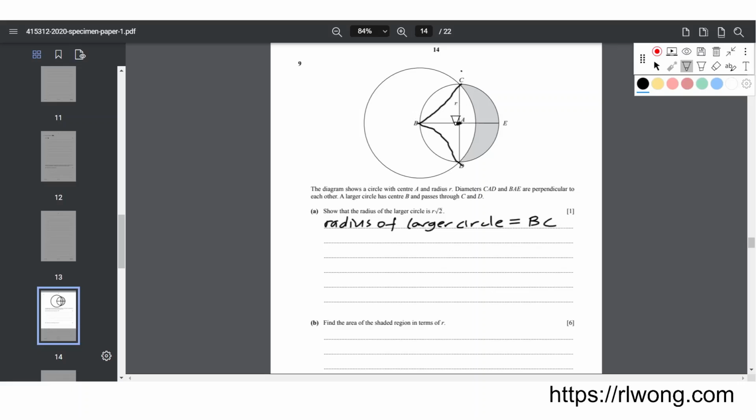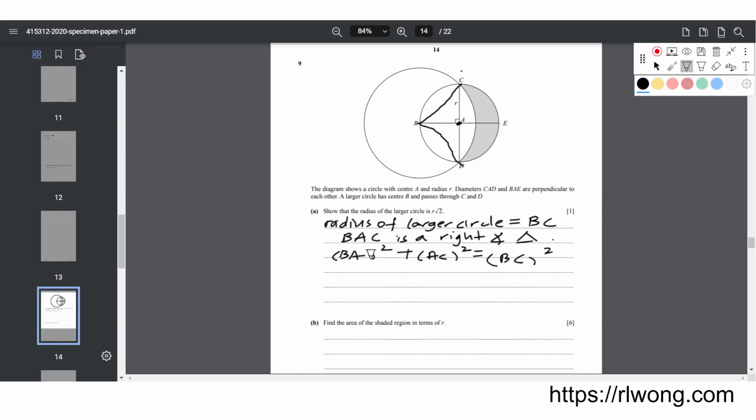And we know that BAC is a right angle triangle. So if I want to find BC, I can make use of Pythagoras theorem, right? BA squared plus AC squared equals BC squared.